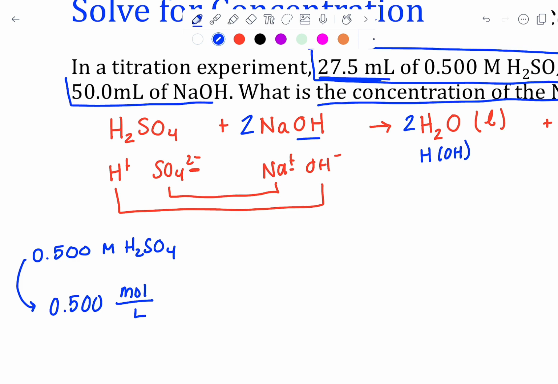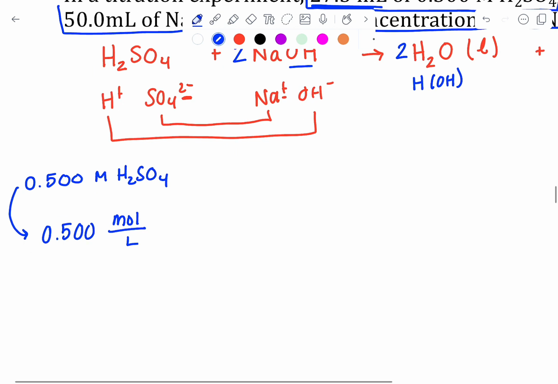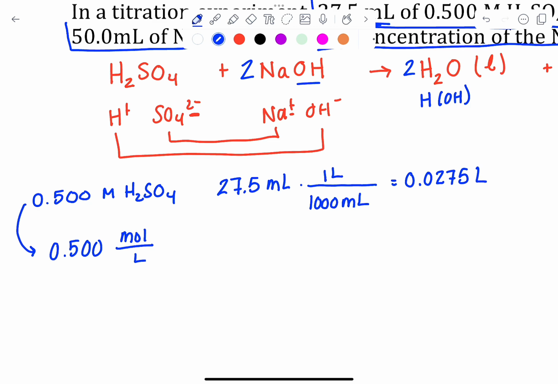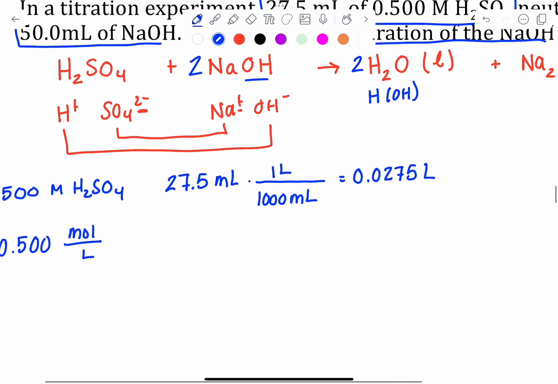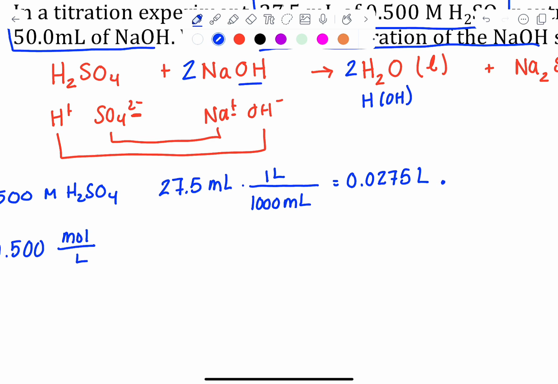So I need to convert that to liters. So the first step is to take 27.5 milliliters, divide it by 1,000, because there are 1,000 milliliters in 1 liter, and we get 0.0275 liters of H2SO4.